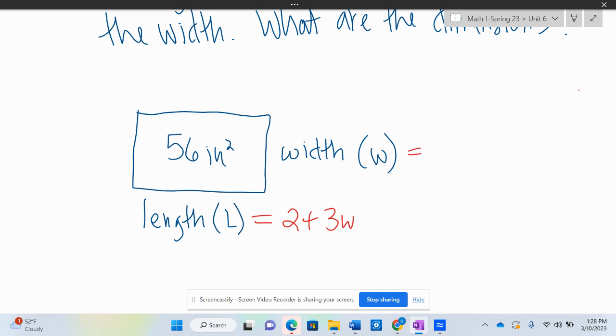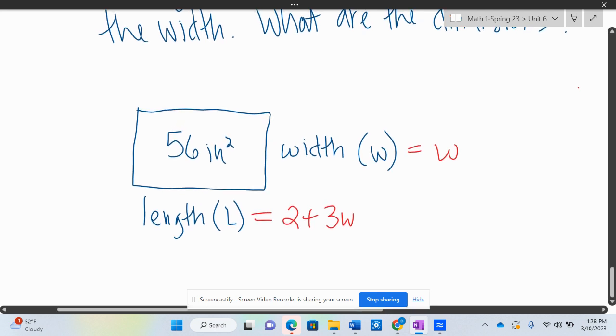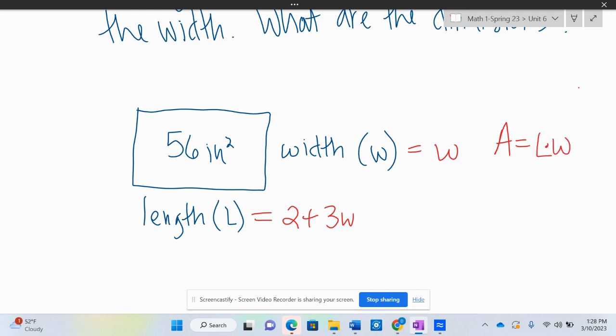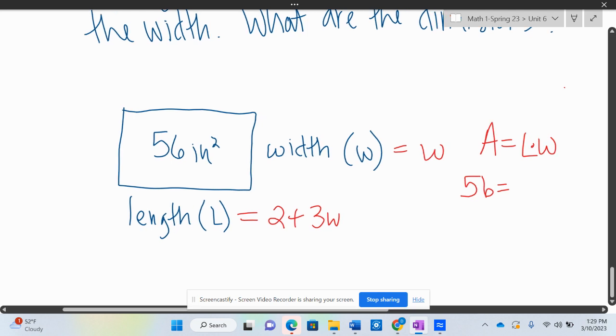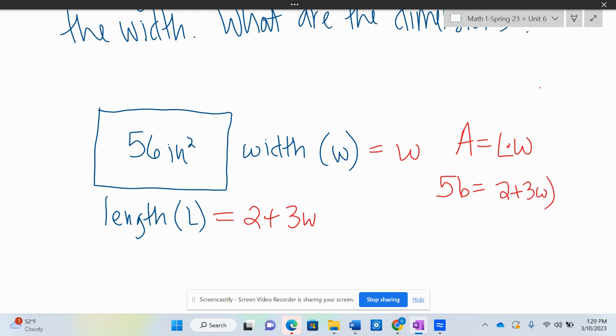So if I let the width be W, and I'm just going to write it in red so you can see it, I know that I find the area by taking the length times the width, right? And we said that the area is what? 56 equals, what is my length? 2 plus 3W times my width.